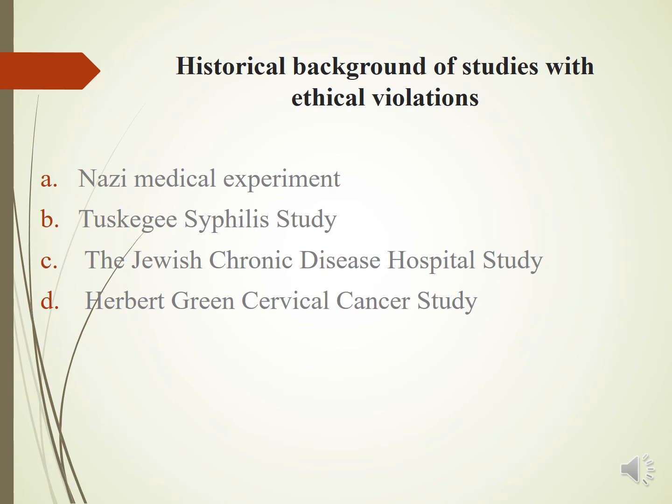In this study, an investigation on the effect of syphilis was actually done among 400 men from a poor African American community. This study too was unethical because medical treatment was deliberately withheld to study the cause of the untreated disease.